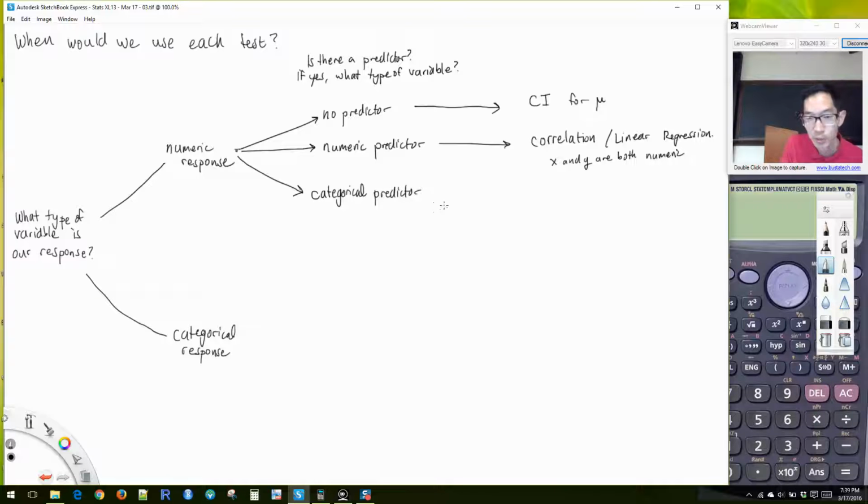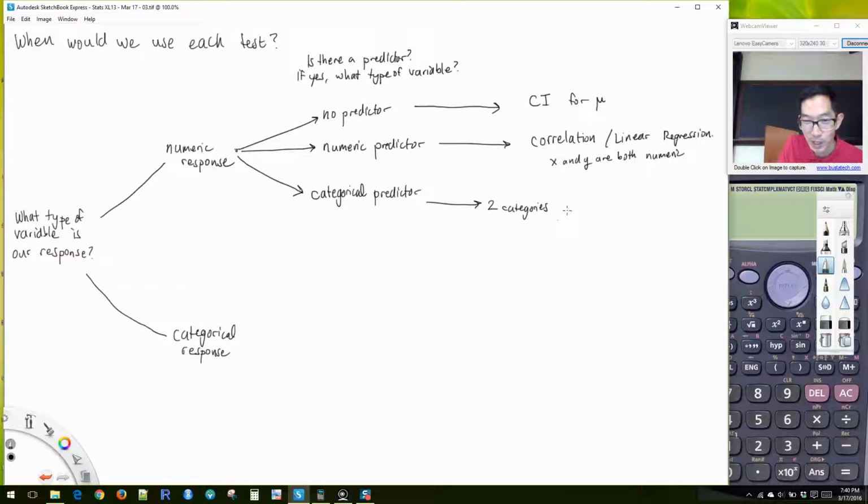With categorical predictors, we can talk about if we have only two groups or two categories. I'm going to run out of space on my screen, so I'm going to go vertically here.